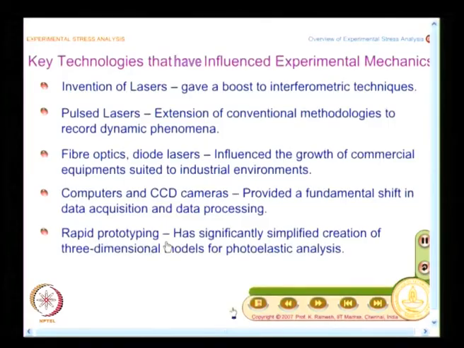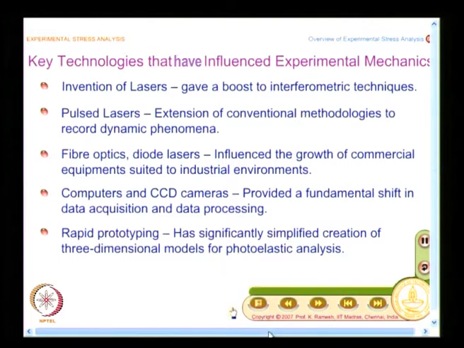With the development of rapid prototyping, a process called stereolithography provides models that are photoelastically sensitive. So, rapid prototyping has significantly simplified the creation of 3-dimensional models for photoelastic analysis.